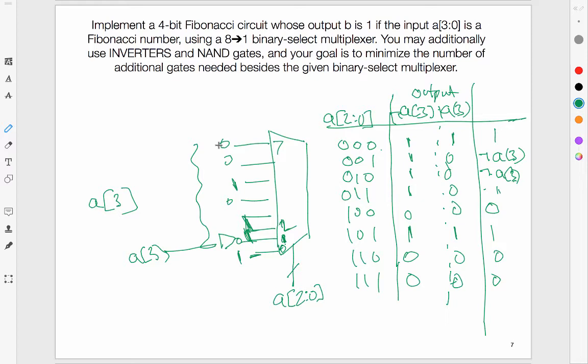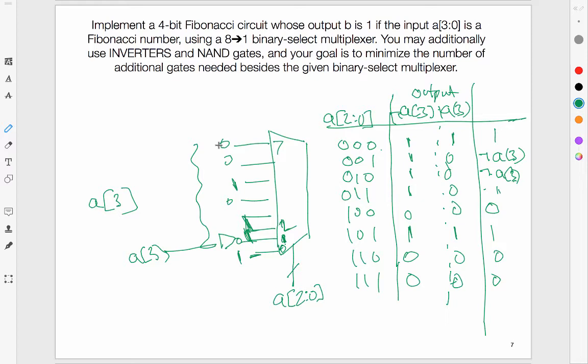So let's say I want to make a 3 to 8 multiplexer using a bunch of smaller multiplexers. Let's say a bunch of 2 to 1 multiplexers. How would you do it? So let's say I gave you an infinite supply of 2 to 1 multiplexers, and I basically ask you to create a 3 to 8 mux for me.